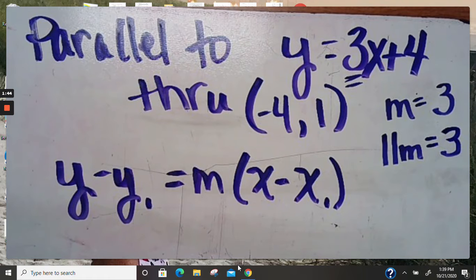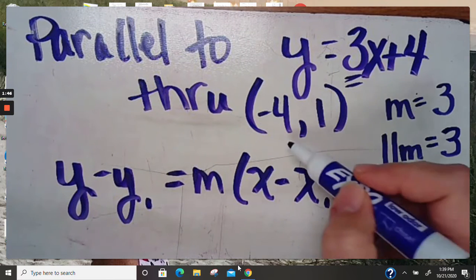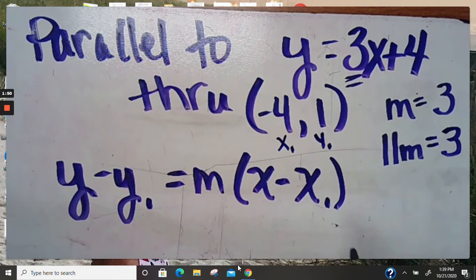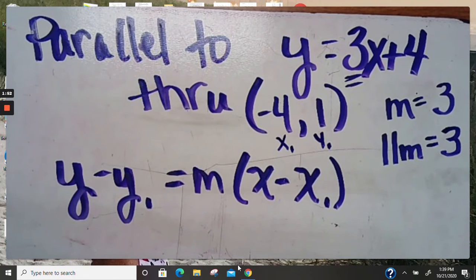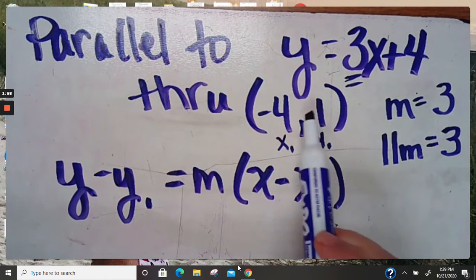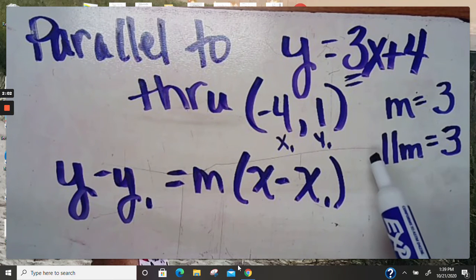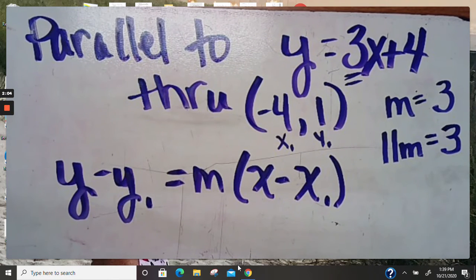So I'm going to use the slope of 3, and I'm going to use this point. This is x from the point, y from the point. Those little sub 1s are just to tell you that it's from a point. Sometimes we have 2 points, like when we're finding slope, and so it would be x from the first point, y from the first point, and then x sub 2, y sub 2 from the second point.